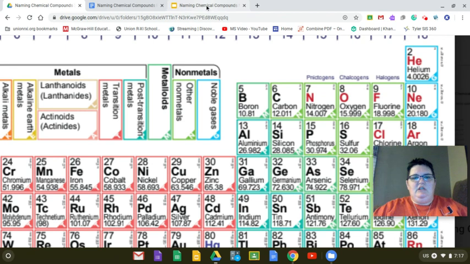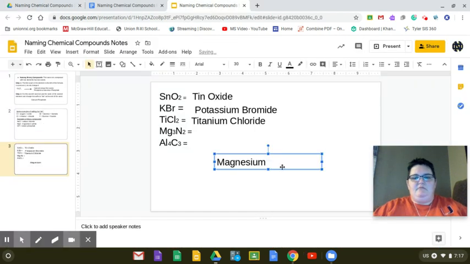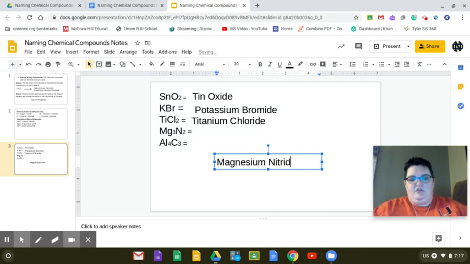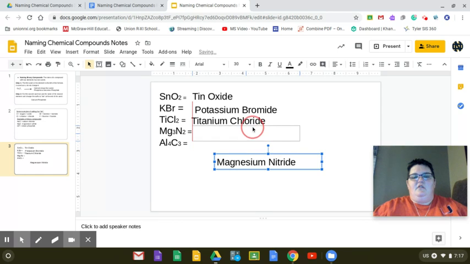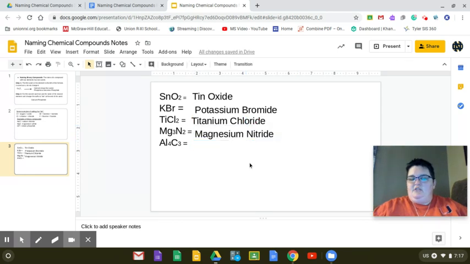N is nitrogen. So Mg3N2 is going to become magnesium nitride. Nitride. All right, just like that.